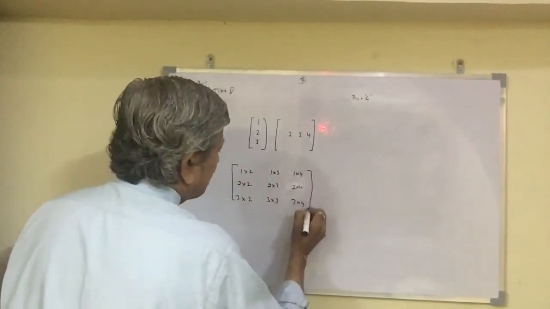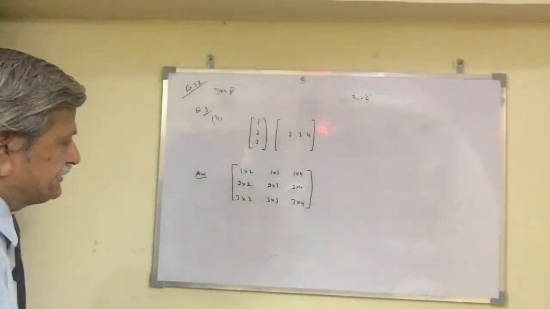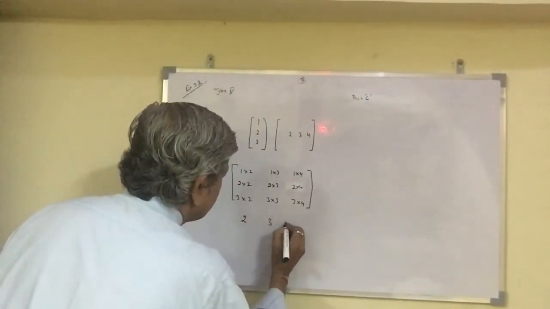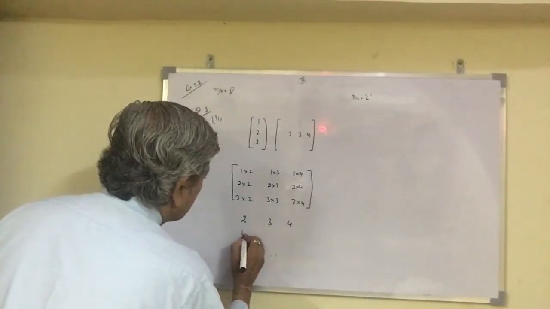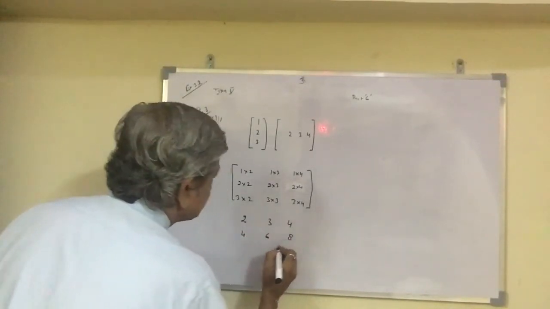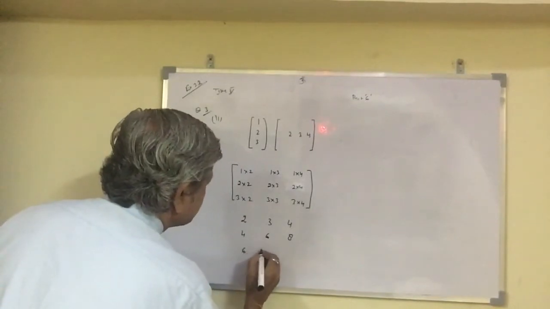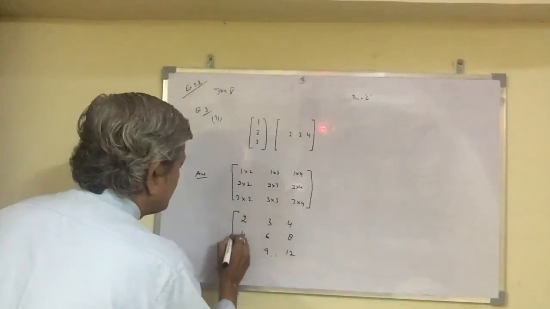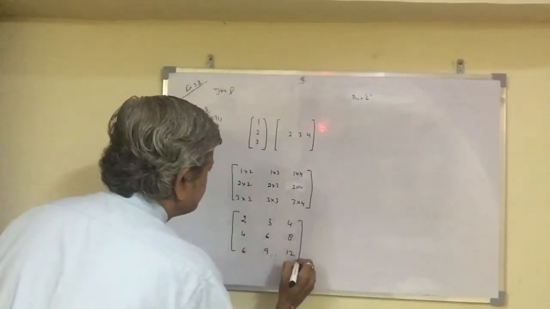Now you would find these multiplications. So your answer is 2, 3, 4, 4, 6, 8, 6, 9, 12. So this is your answer for this matrix.